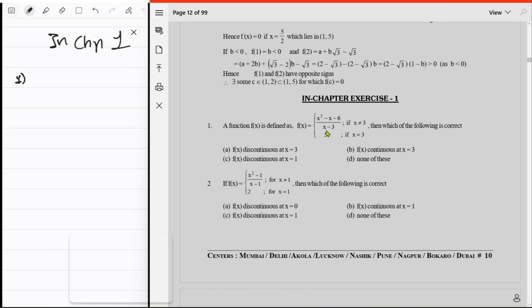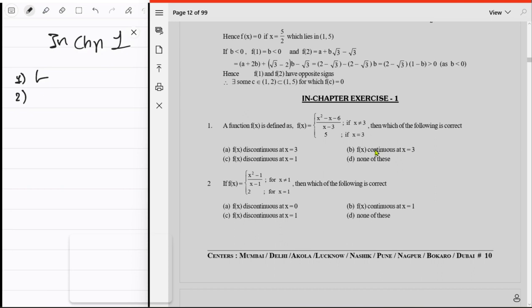Okay, it's approaching 5 from both sides because x plus 2 when x equals 3 just becomes 5. Although this doesn't become anything, it just becomes not defined, but its limit is 5, right? And it's actually equal to 5, so it's continuous. It's continuous everywhere, in fact. So yeah, B is correct.